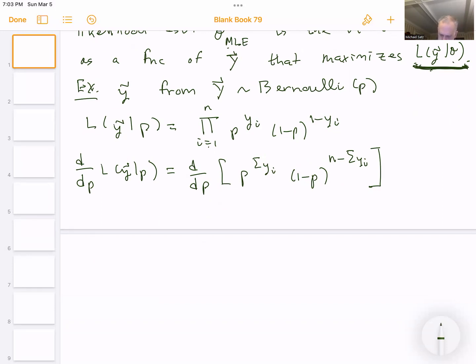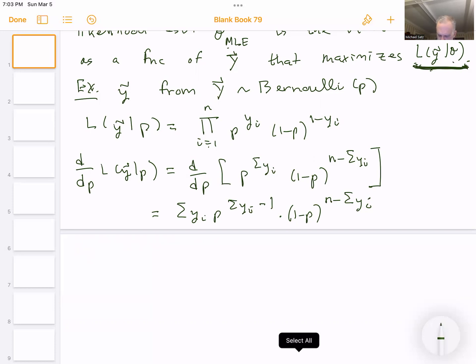So we get this is equal to, I think we can fit it here, derivative of the first piece, which would be sum y_i times p to the sum y_i minus 1, times (1 - p) to the n minus sum y_i, plus the derivative of the second piece with respect to p.